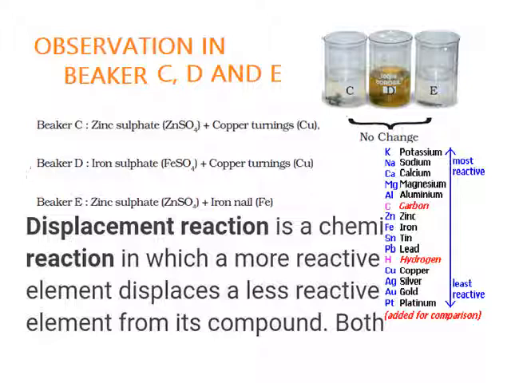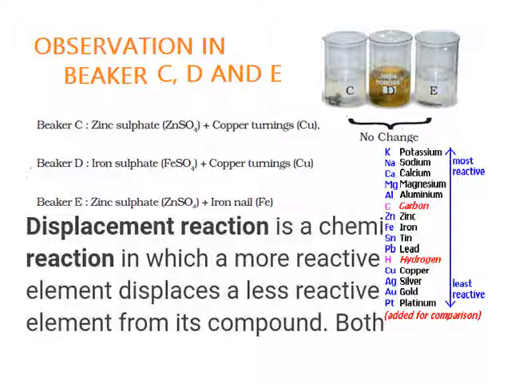And let us see beaker C. In beaker C, we have taken zinc sulfate with copper. So compare copper and zinc sulfate. Copper is the least reactive, right? And since copper is the least reactive, it cannot react with zinc sulfate. Therefore, no reaction is taking place.